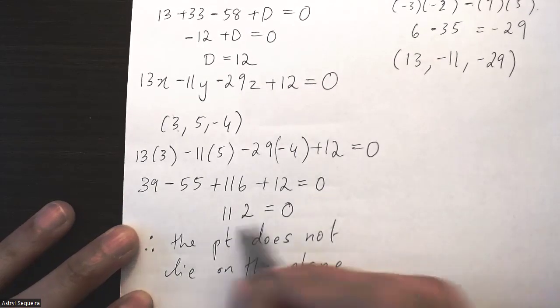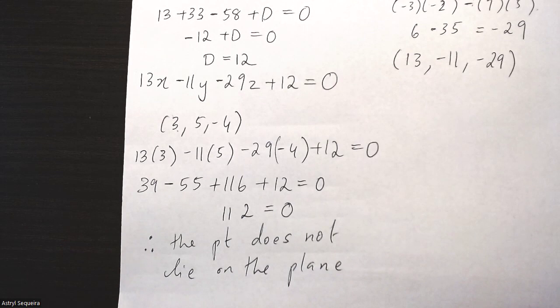If I got 0 equals to 0, it would mean that the point lied on the plane.